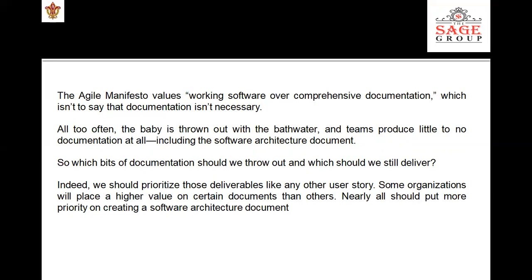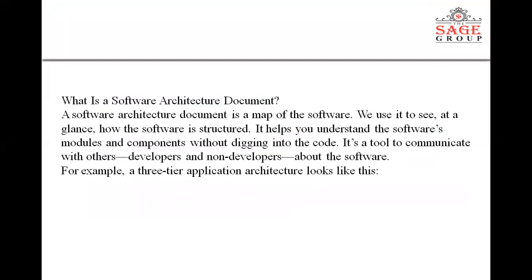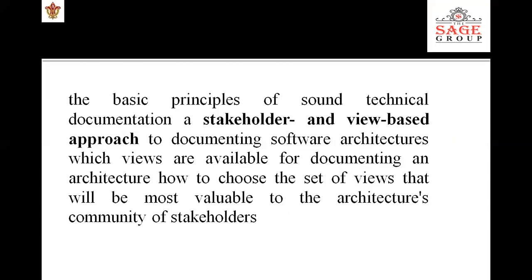I will look at an example of software architecture documentation on the next slide, right? So what is a software document? A software document, like a software architecture document, is a map of the software, as I discussed in previous slides. For example, a 3-tier application architecture, right? It will work for the developers and non-developers.